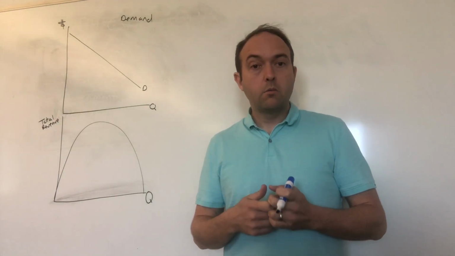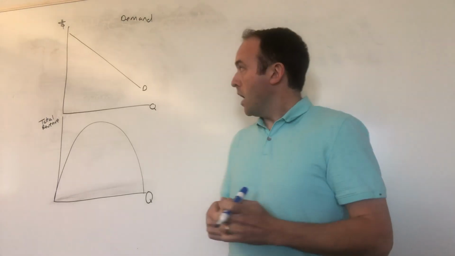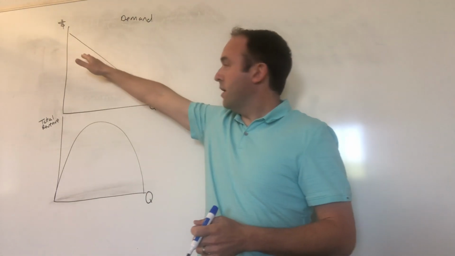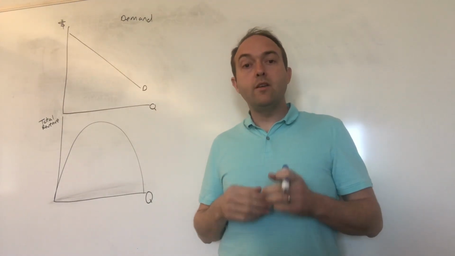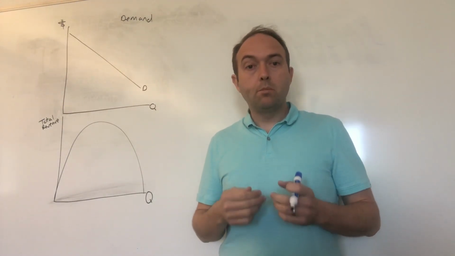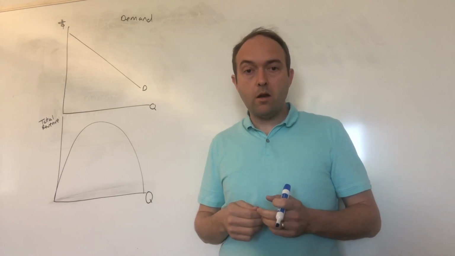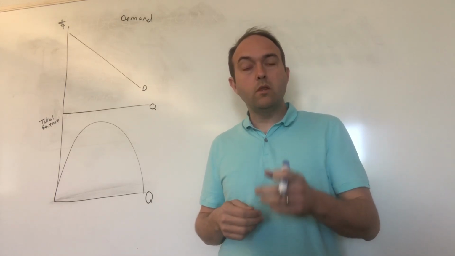So first, price elasticity of demand. If you look at a demand function that is a straight line, which is what I'm showing you here, as you move down that line, your price elasticity of demand gets smaller and smaller between the different points.